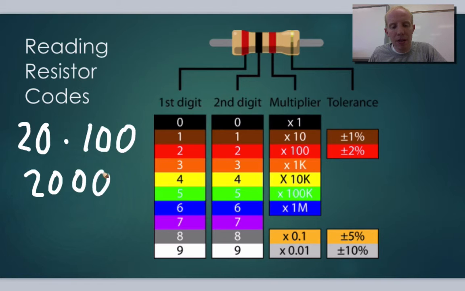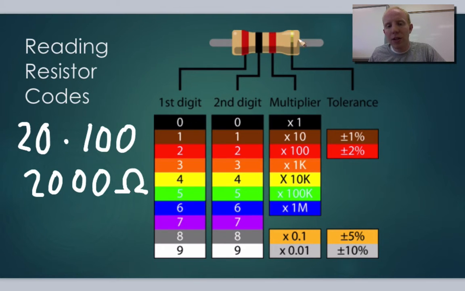Then we put the capital omega, and this is what we call ohms, 2,000 ohms of resistance. This is a 2,000 ohm resistor. So we read the first number, read the second number, and multiply by the multiplier.